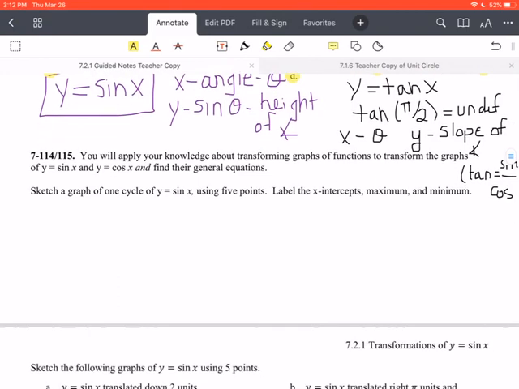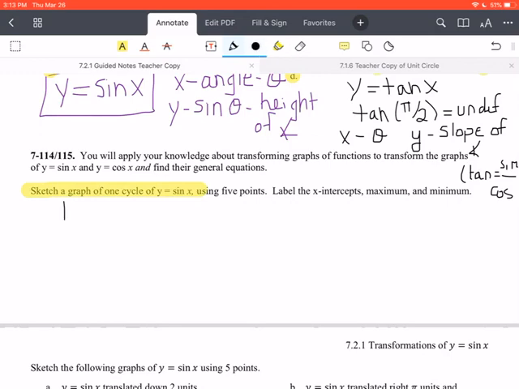We are going to apply our knowledge of transforming graphs: shifting left, right, up, down, stretching, as well as reflecting. And we are going to do that to one cycle of the sine of x. It says that we need to sketch a graph of one cycle. We call that one period of the sine of x.